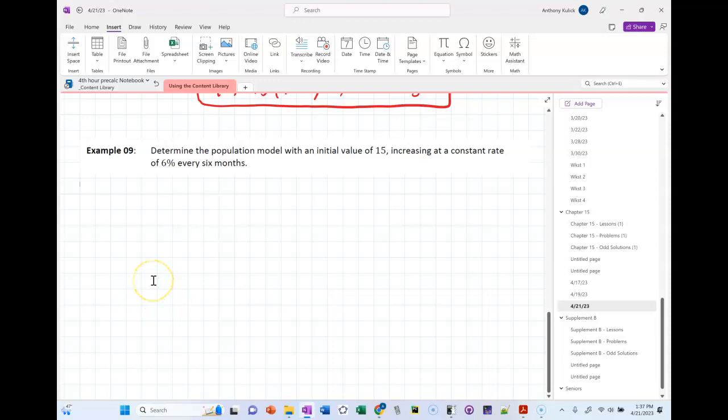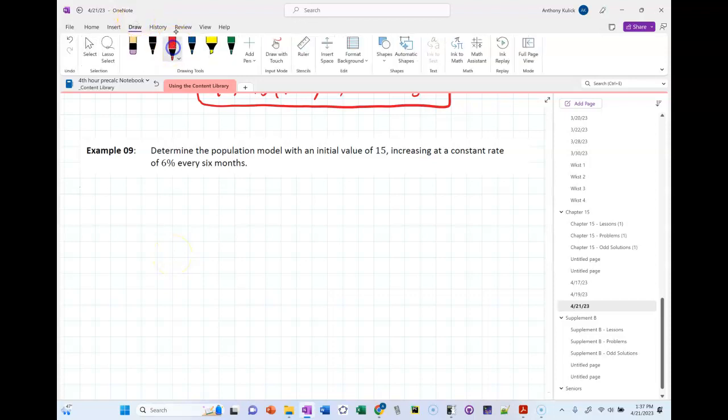All right, let's do another one. So determine the population model with the initial value of 15, increasing at a constant rate of 6% every 6 months. This is almost identical to the situations before, right? I know from population model, we're going to be doing this.